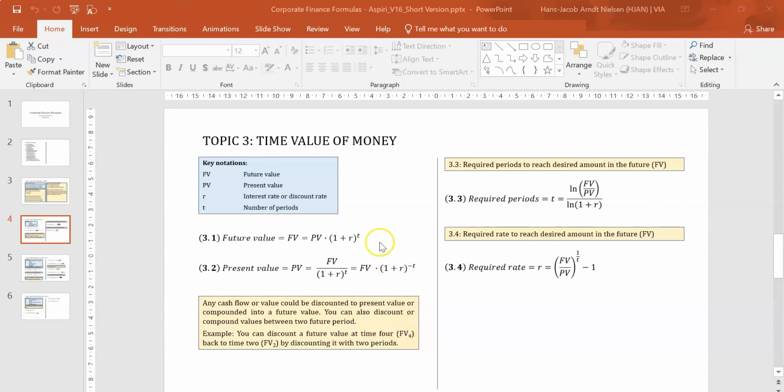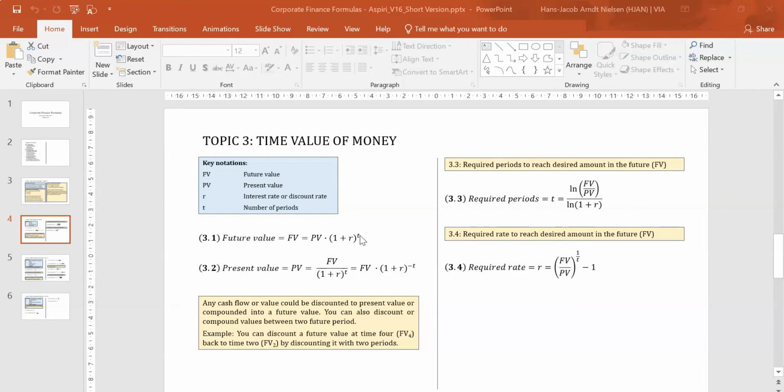So I have combined here 4 formulas relating to topic 3 in the Aspiri corporate finance book. We have one called future value. That is where we find the future value, short for FV, equals the present value multiplied by 1 plus the interest rate or discount rate to the power of t, the number of periods.